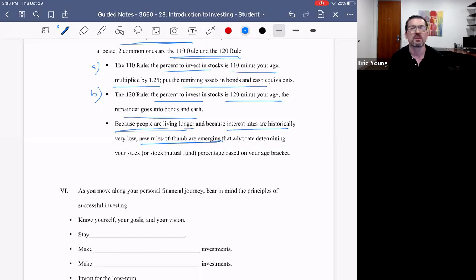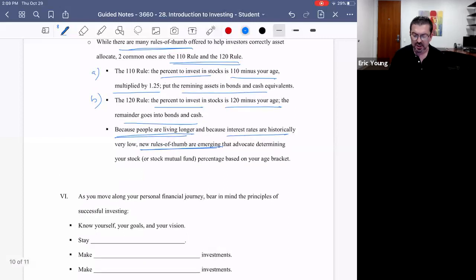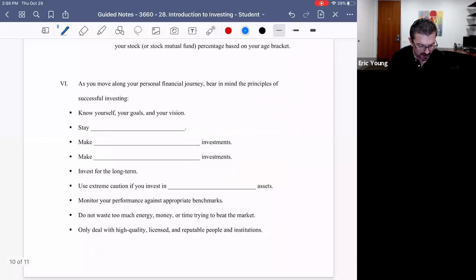I won't go into this too much. I'll leave it to you to do the research. Just know that there are rules of thumb if you want to use them. And what they're ultimately designed for in the bigger picture is to help you correctly allocate among the different asset classes in your portfolio. And with that said, my friend, we're almost done with this lecture and you're about ready to invest.